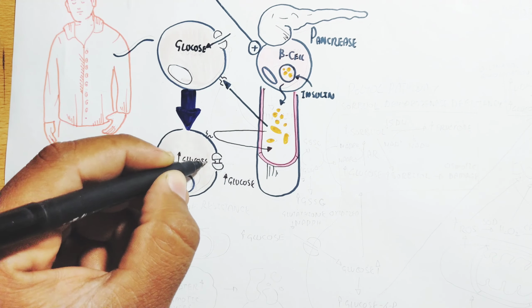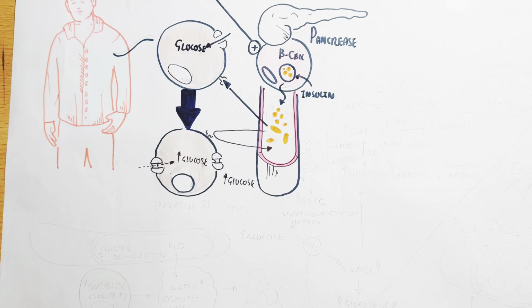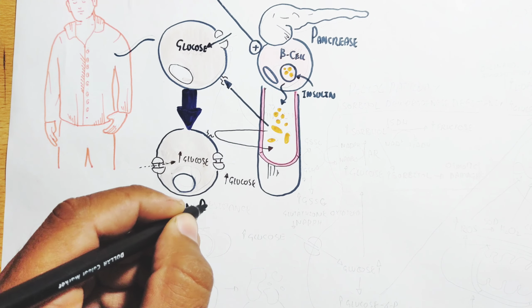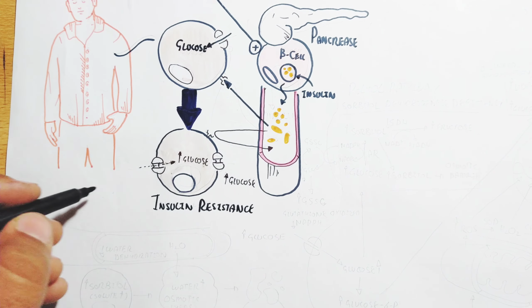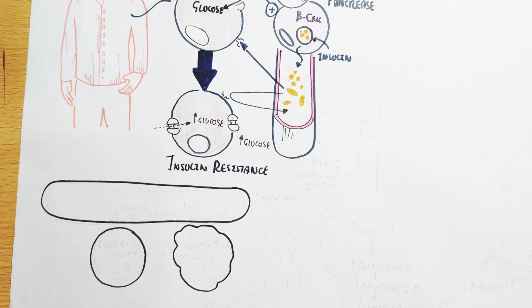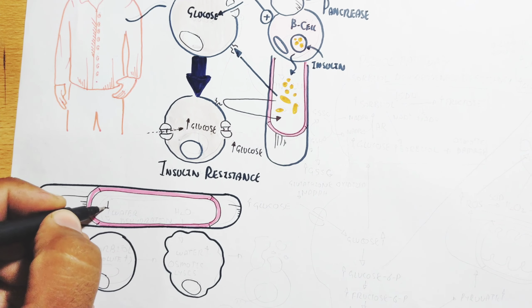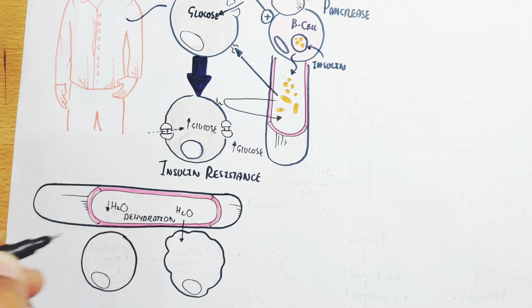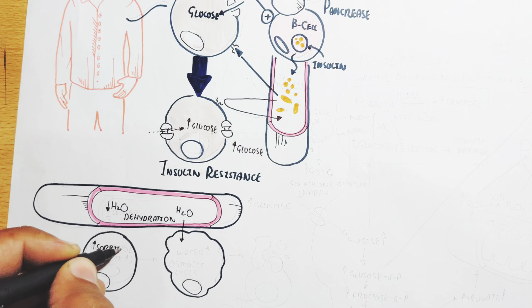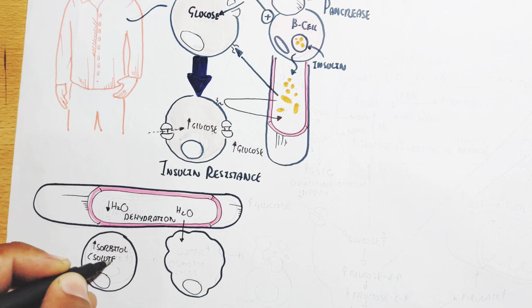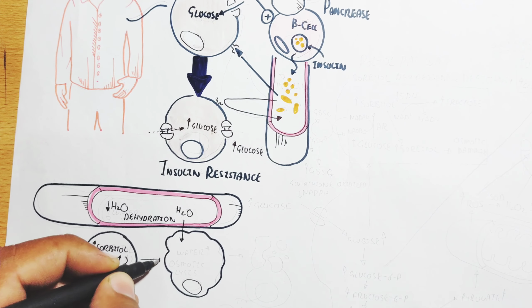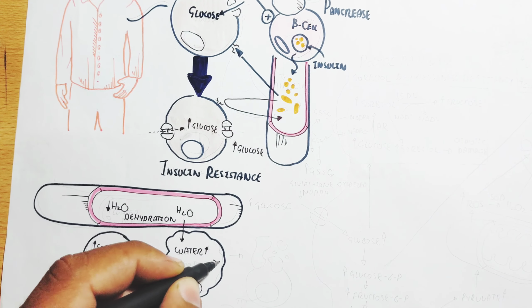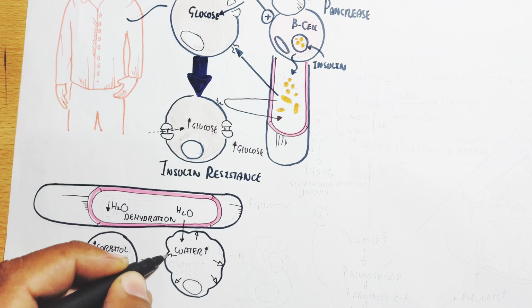An important thing you need to understand is that whenever glucose increases, insulin resistance will occur. Some cells, like endothelial cells, do not require the insulin receptor, so the extra glucose moves directly into the endothelial cell and other cells. When the glucose enters, it is converted into sorbitol because the extra glucose is not required in the cell.